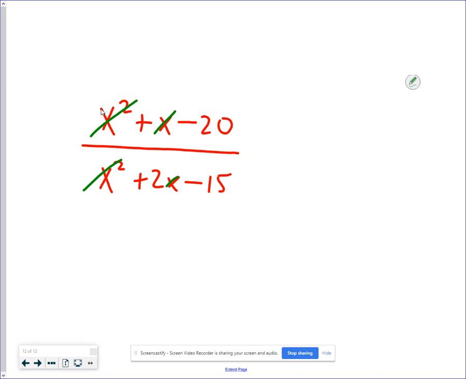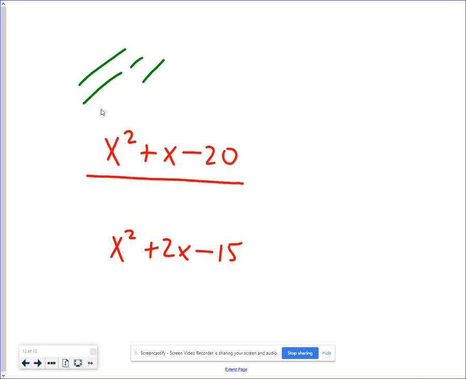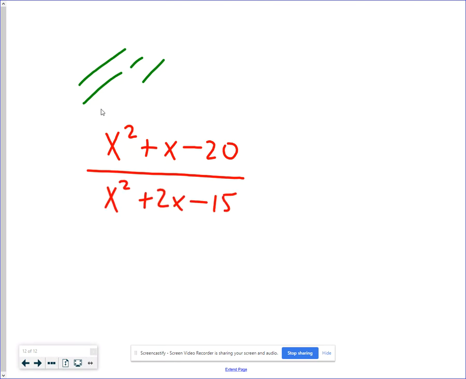You can't do that. Because you can only cancel stuff out if you have factors. The top and the bottom are not written as factors yet. The top is a sum and difference. The bottom is a sum and difference. So we're going to have to factor the top and factor the bottom.